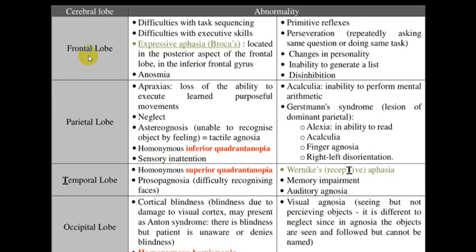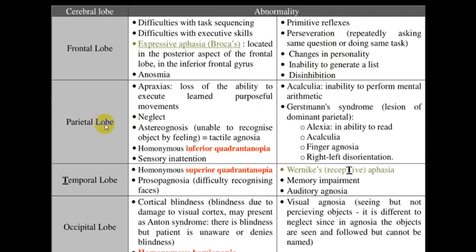Frontal lobe: the person will have difficulty in executing skills, might even have Broca's area affected, can even have anosmia. Primitive reflexes will be there, perseveration, changes in personality, inability to generate a list, disinhibition.